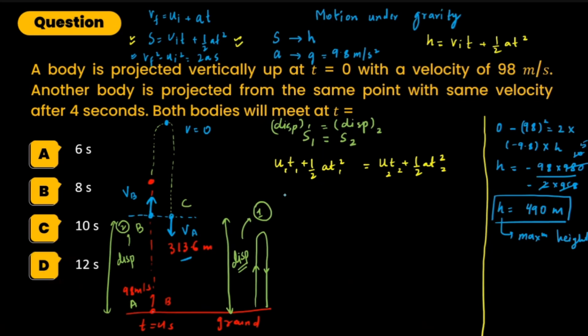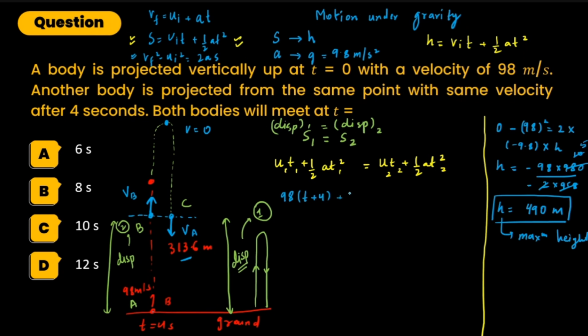So in place of U, I can write 98, that too in the upward direction, so it will be positive. T1. For the first particle, the T1 is going to be T plus 4. Why? Because we are observing the motion when the particle has already covered some distance during the first 4 seconds of time.